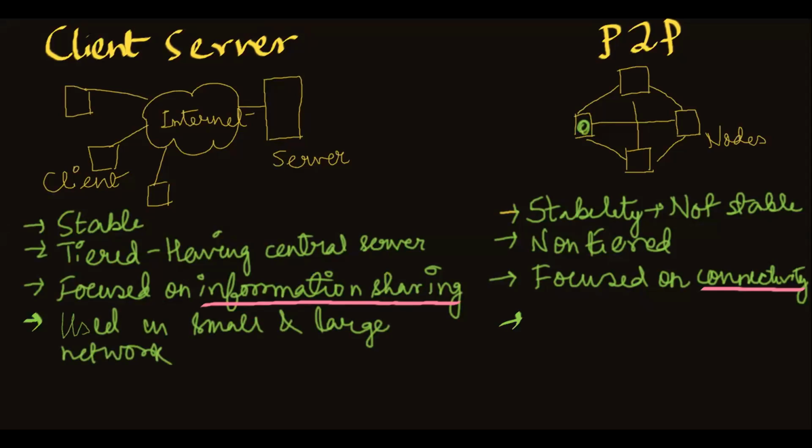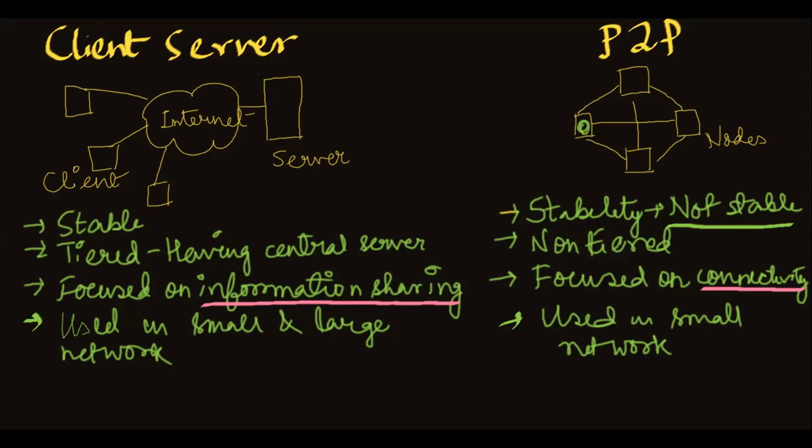Whereas P2P is used in only small networks, because one disadvantage I have already told you: it is actually not stable. Not stable means when more peers, more nodes are there, there will be problems. But client server is very stable. So client server is in general very good.